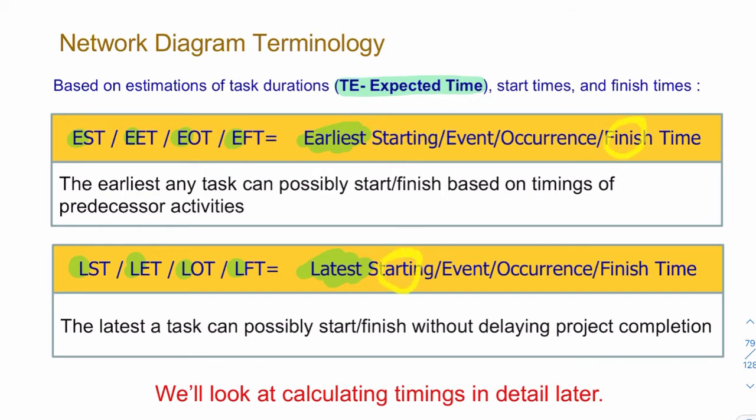So the latest starting time and the latest finish time. We also have the latest event and earliest event time and the earliest and latest occurrence time. We'll be looking at each of these, so don't let these acronyms scare you. All they are are different usages of the expected time, ET or TE.